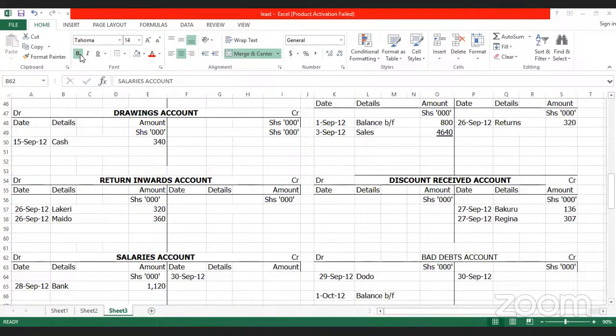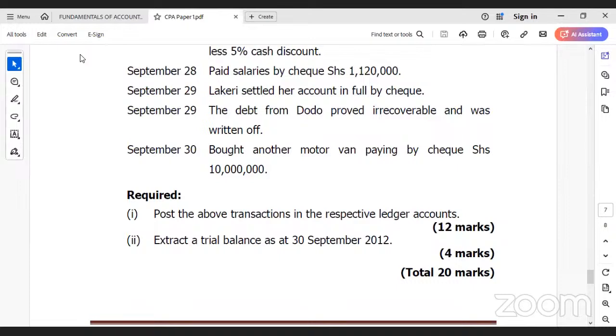So what's the next transaction? Lucky settled her account in full by check.